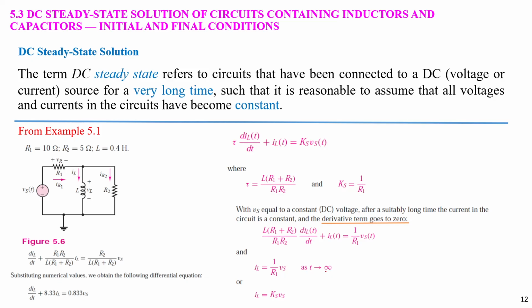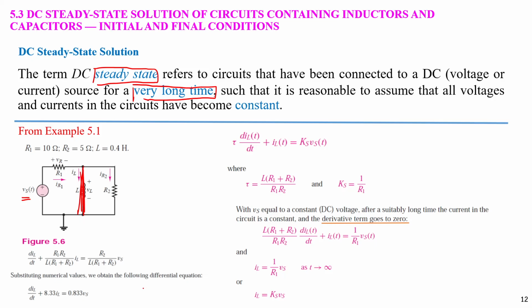After a very long time, the circuit becomes steady state. When we talk about a DC source, after a very long time, the circuit becomes steady state. The inductance will become short circuit.